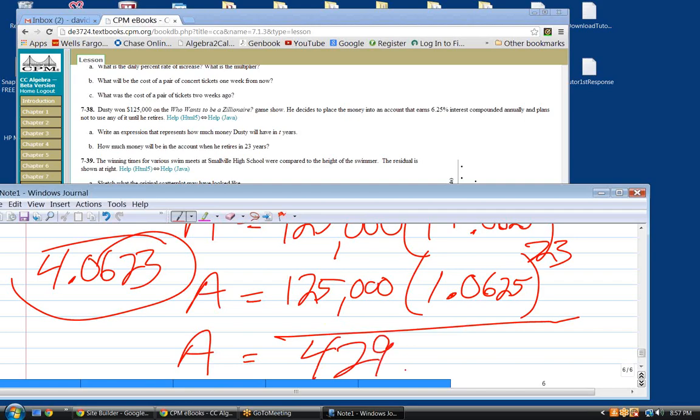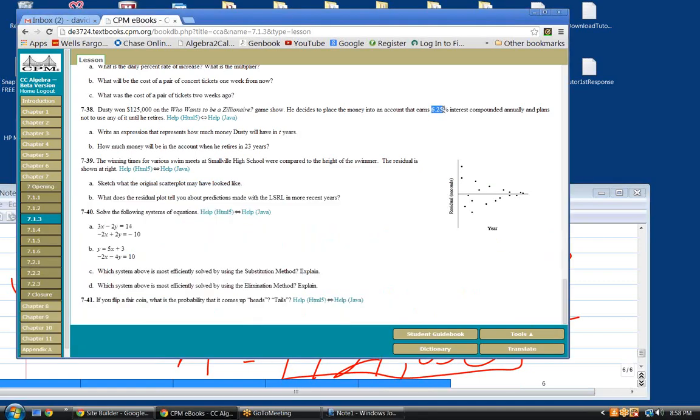That's your answer. That's how much you'll have at the end of 23 years. Whoa. Pretty good. It turns 125,000 into almost $500,000 at a relatively small interest rate. But 23 years he has to go without spending it.